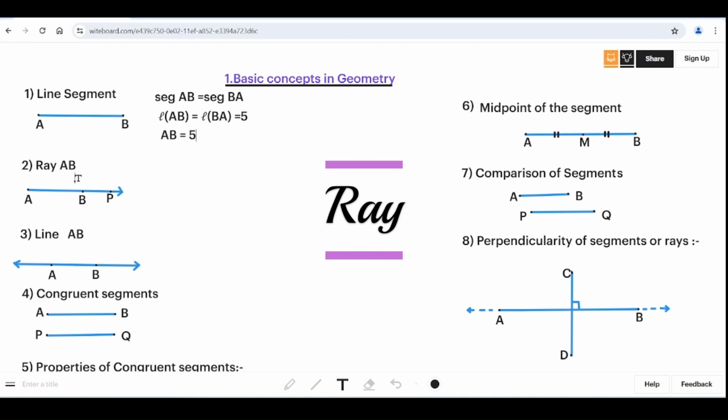Here we are saying ray AB. Now, a ray is an extended form of the line segment. Here we can see AB. This much is a line segment.